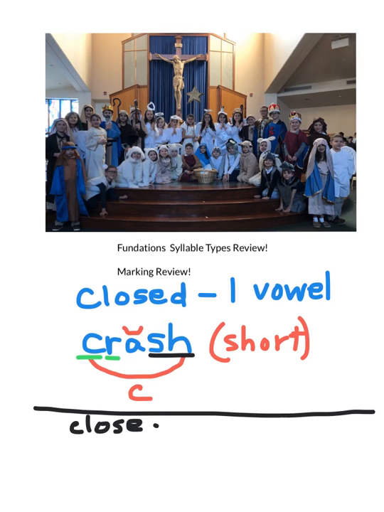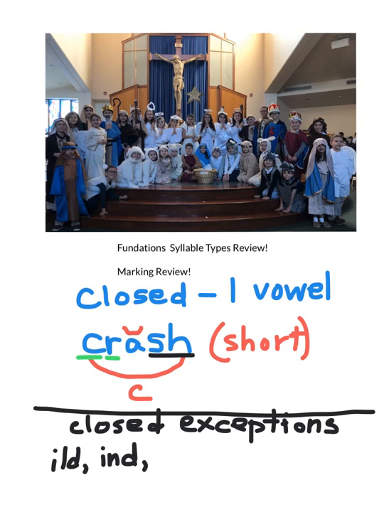And the closed syllable exceptions were marked just like a closed syllable, except you crossed out the C. And if you remember, closed syllable exceptions had glued sounds: ild, as in wild; ind, as in find; old, as in cold; ost, as in post; and olt, as in colt.